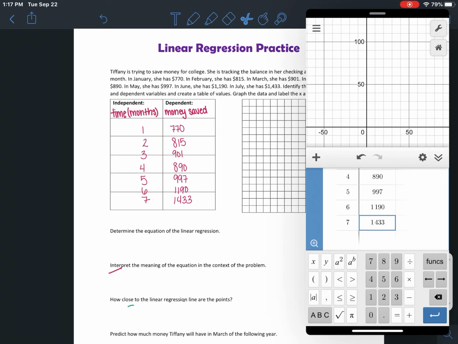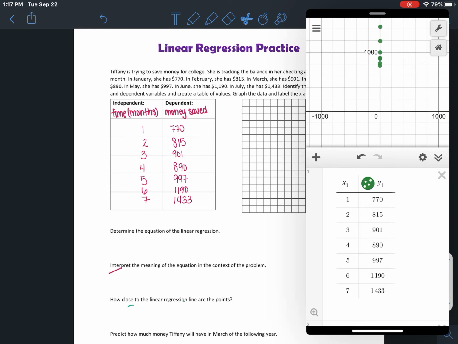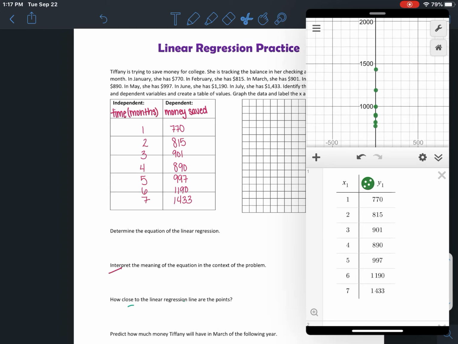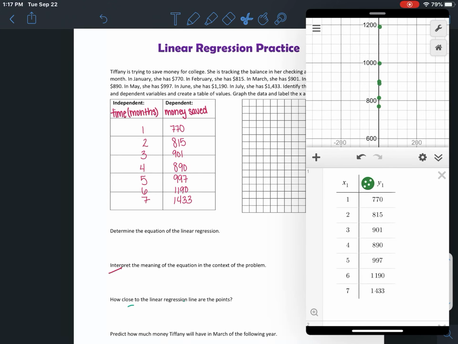Okay, and then I should have the same number of X values and Y values. If not, go back. You probably skipped something. And since I can't see anything, I am going to zoom out. And this time, all of my points are kind of like right on top of each other. Well, that's not very helpful. Okay, so what are we going to do?